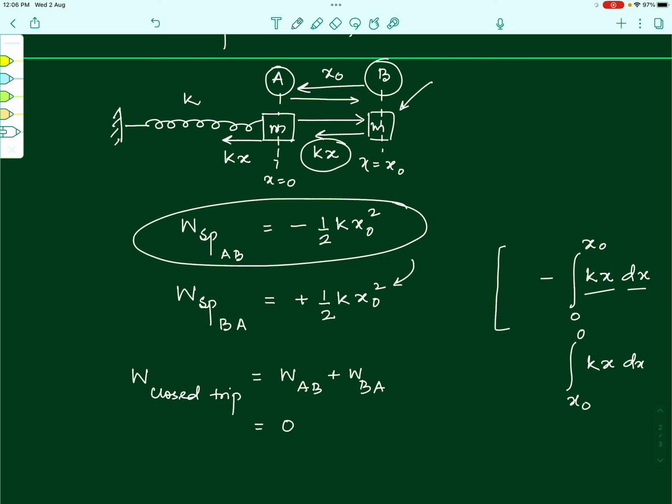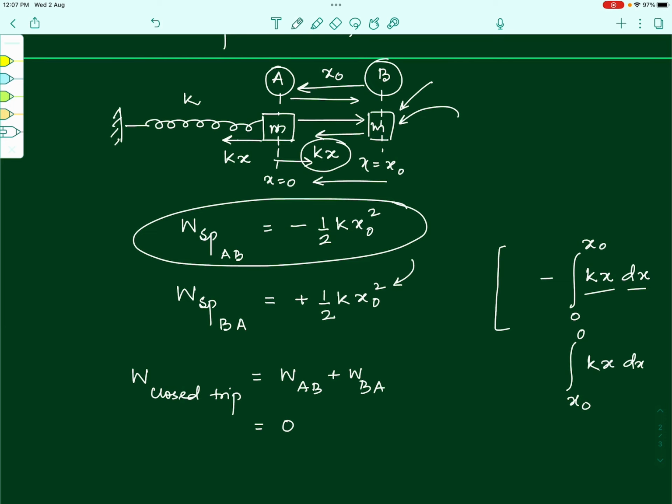Maybe the block was given some initial kinetic energy due to which it started moving towards right, but as it moves towards right and as the spring does work on it, by the time it reaches the position B, it will gain a certain amount of potential energy, which will then help it go back and gain once again the kinetic energy. Okay.